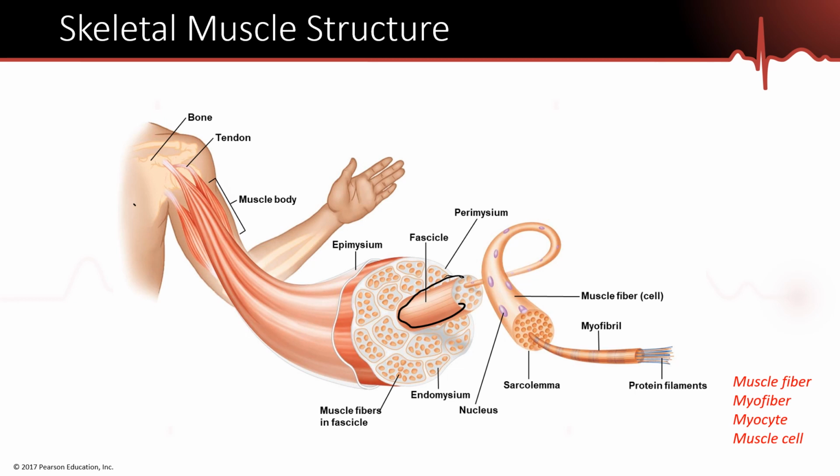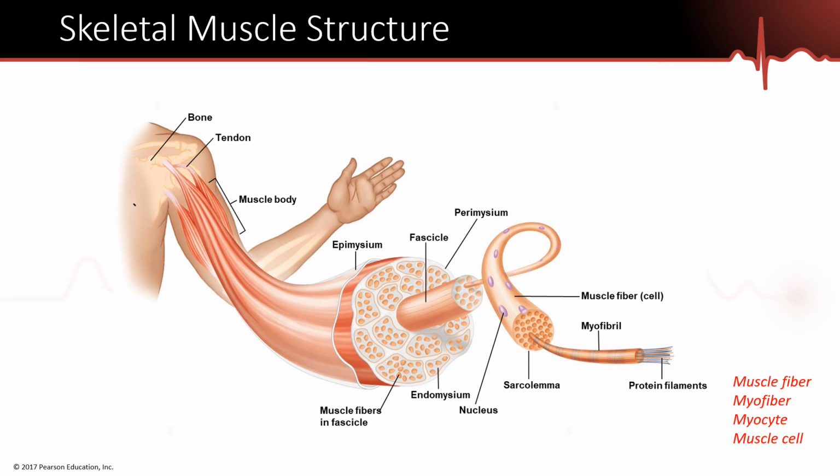You're going to find out that each muscle fiber is a cell, so you can call them either muscle fibers or muscle cells. You'll hear it said either way. Ultimately, it means the exact same thing. The terms are synonymous. A fascicle is really a bundle of muscle fibers, because inside of a fascicle is where you actually find the muscle fibers or the muscle cells.